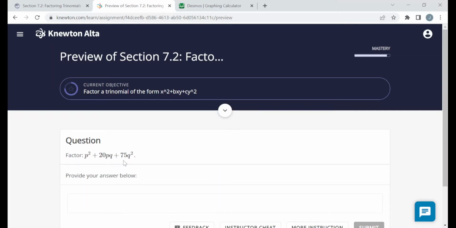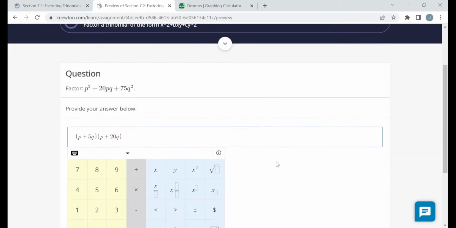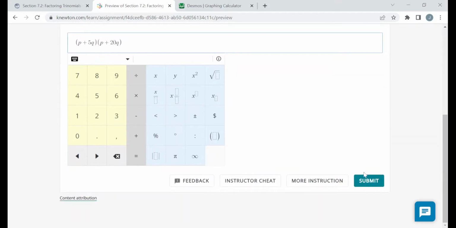All right, factors of 75 whose sum is 20, and that would be 5 and 15. 5 times 15 is 75. 5 plus 15 is 20. So this will factor to p plus 5q times p plus 20q, or p plus 20q times p plus 5q. And again, you can check by multiplying, see that it's the original.